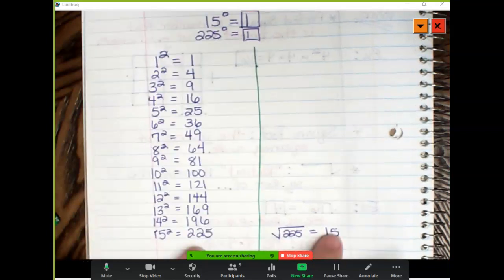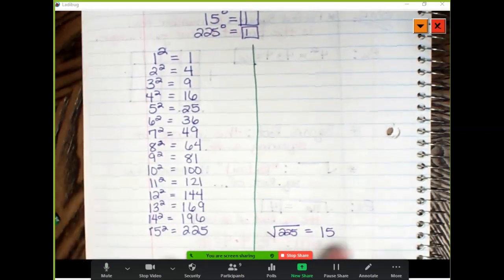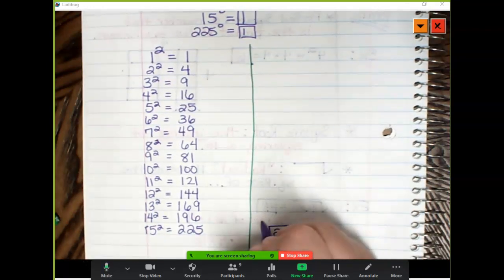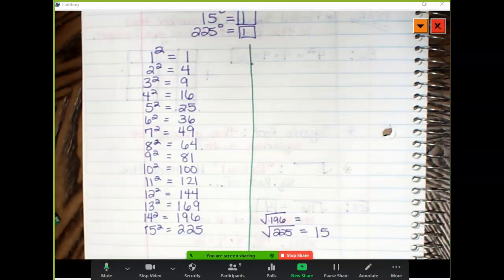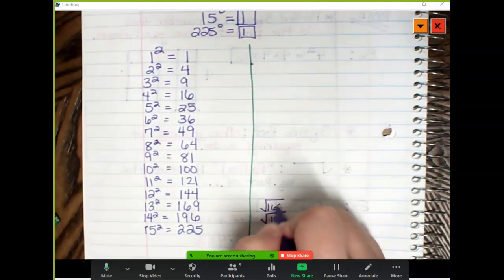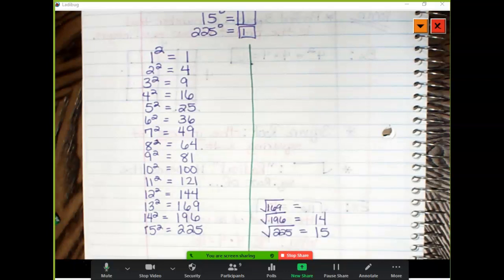Do you see how they're kind of like back and forth like a fact family? Good. So then if I had the square root of 196, what number times itself gives me 196? 14. Square root of 169. 13.